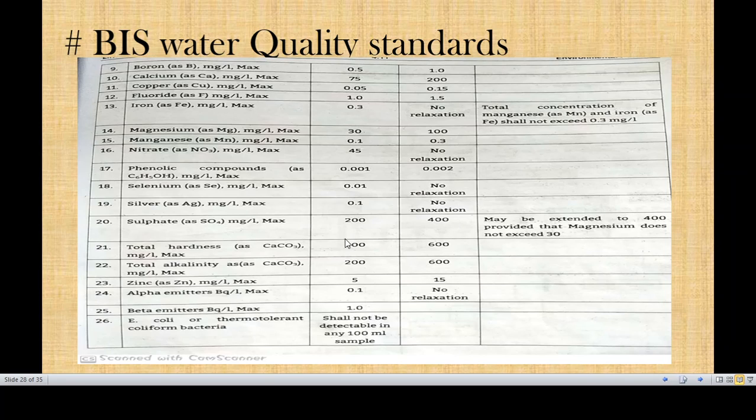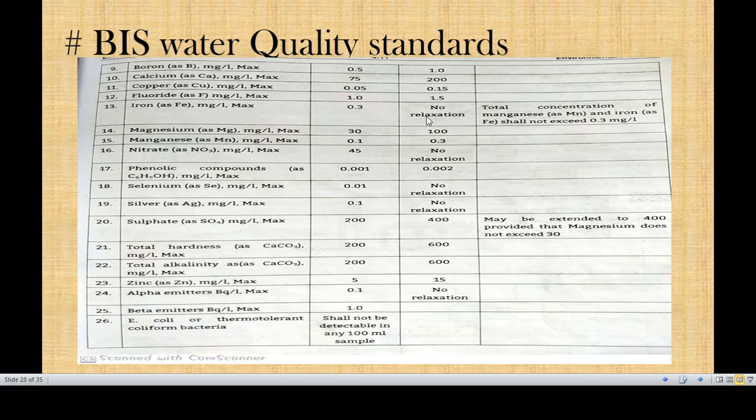For example, in one of these systems you can find that if iron is present, the acceptable limit is 0.3 only. It is a very minimum amount which is acceptable, but if it exceeds that, it is not acceptable. That means there is no relaxation.